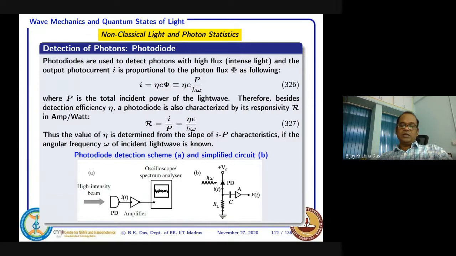So if a time dependent variation is there, it will be reflected here as a voltage as a function of time. You are not seeing the current flowing here, but you see the voltage here. So that's the background. This is how normally you use your photodetector for normal high intensity, normally laser, for optical communications, all those types of things. In the receiver end, you use this type of technique.